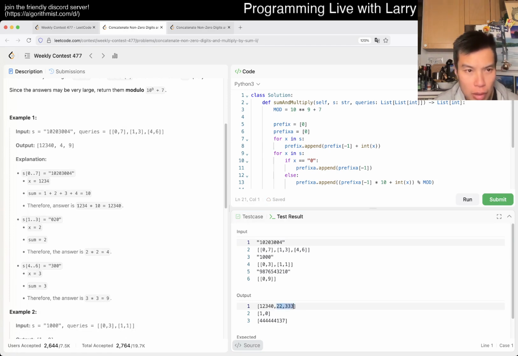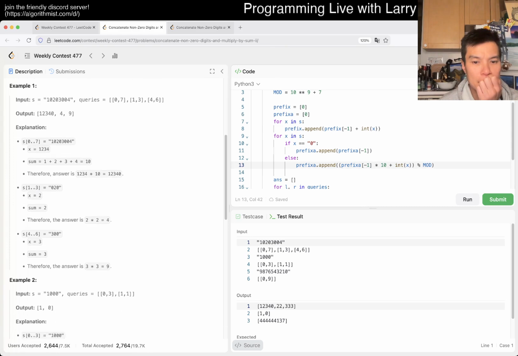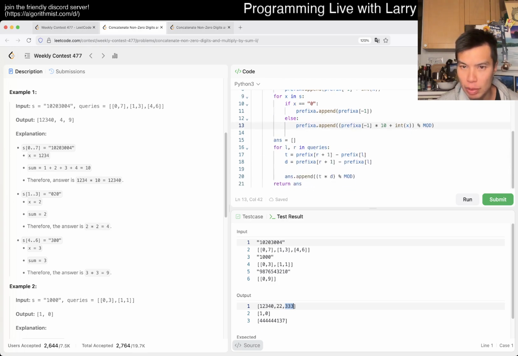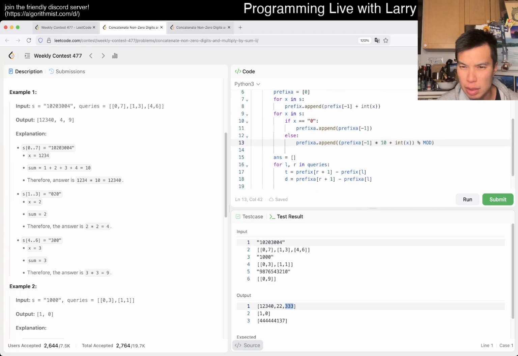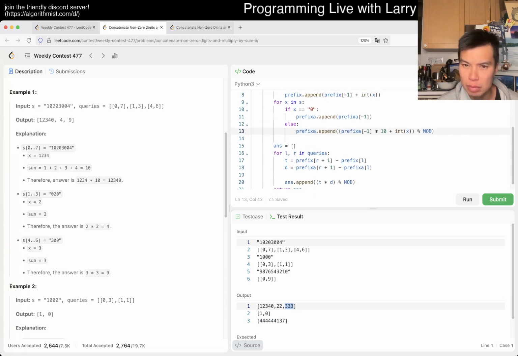That's not right. 1 3. What is 1 3? 1 3 gives me 2. Oh no, wait. Wait, what?